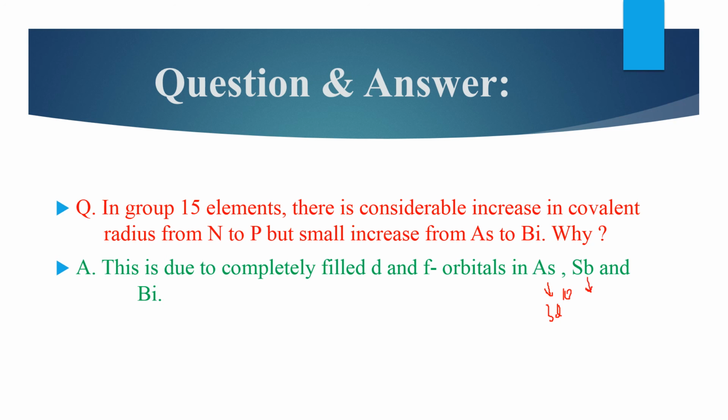In bismuth there is a completely filled d orbital as well as a completely filled f orbital, and due to these completely filled d and f orbitals, the contraction in the atomic radius of these elements will be there, and as the contraction will be there, the tendency of electrons to be attracted towards the nucleus will be larger, or as the electrons are more attracted towards the nucleus, their size will get compact and we will see a small increase from arsenic to bismuth.